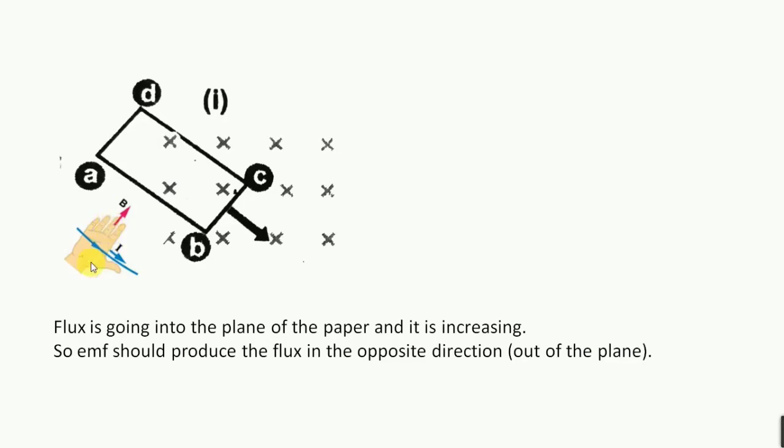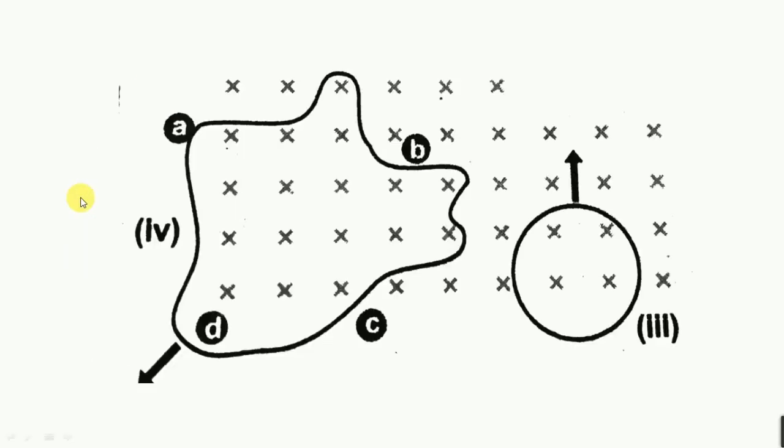Out here you can use the right hand thumb rule. The curling of finger is coming out of the screen, so at that time the current should flow in the direction from BCDA or ABCD. So now you can solve these questions in a similar way to what I have done before. Out here flux is increasing and out here flux is decreasing.